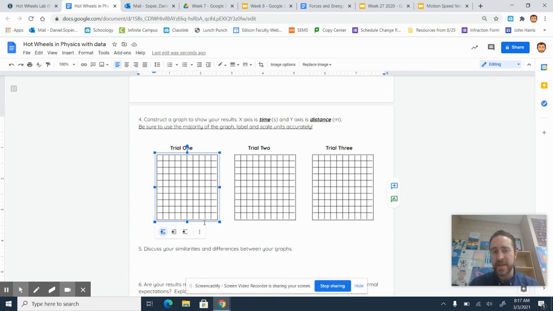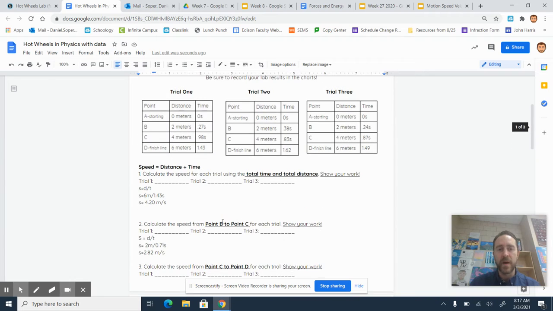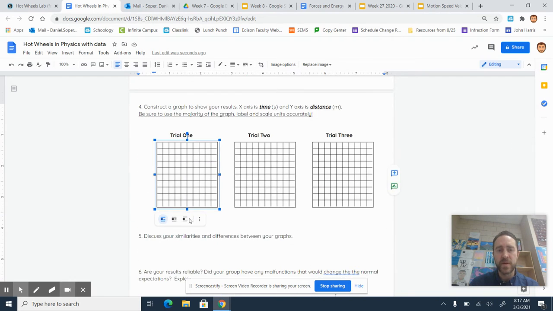If I have time in seconds on the bottom, I would go up to 2 seconds, since the car raced pretty fast from beginning to end. You've got 10 blocks here, so I would do 0.2 seconds for every block: 0, 0.2, 0.4, 0.6, 0.8, 1, and so on.